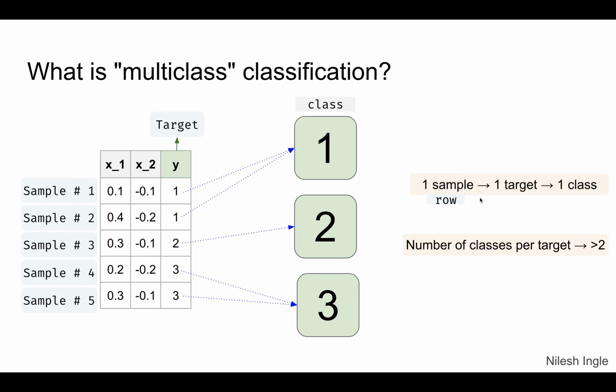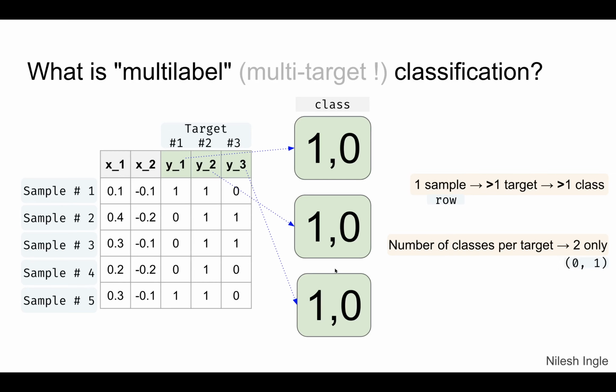And here on the right hand side, I'm just showing that one sample, a one row, has one target, so just one target column, and that target column just assigns one class to a particular sample, and that's it, no more than one. However, the total number of classes in the entire target column can be more than two. So here we have 3.